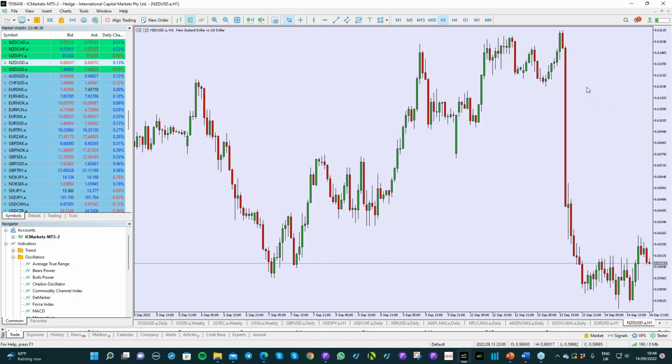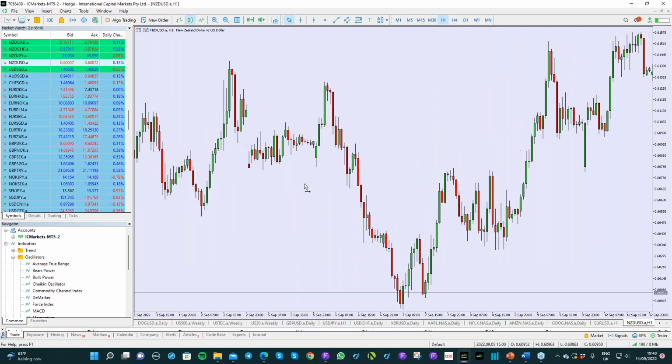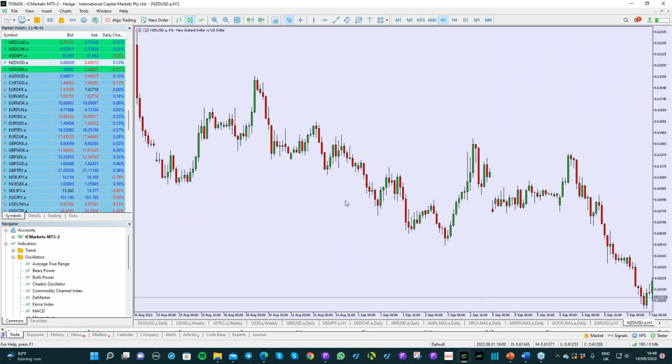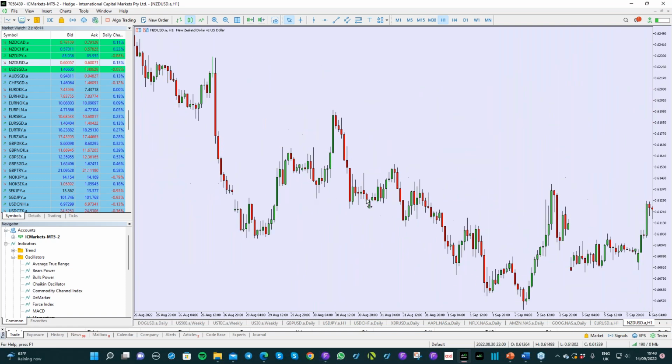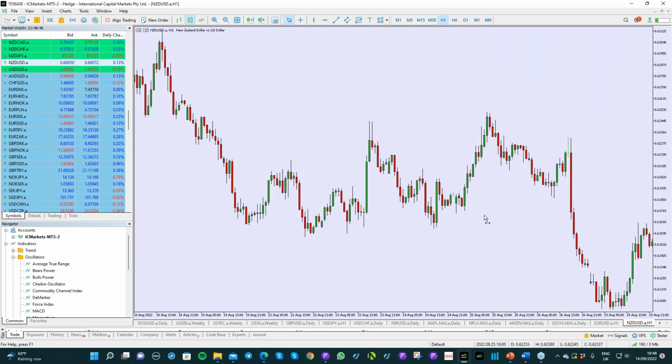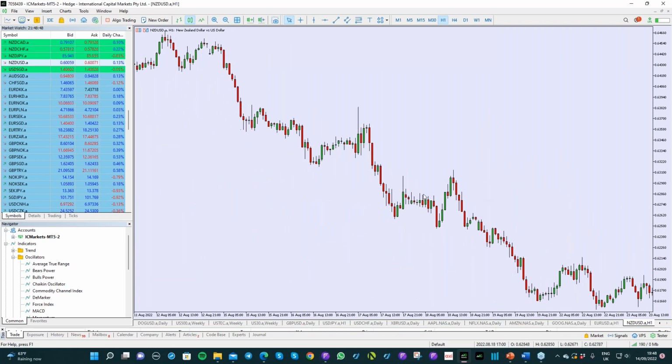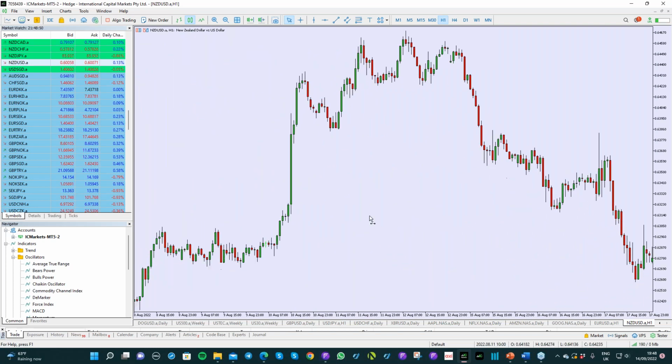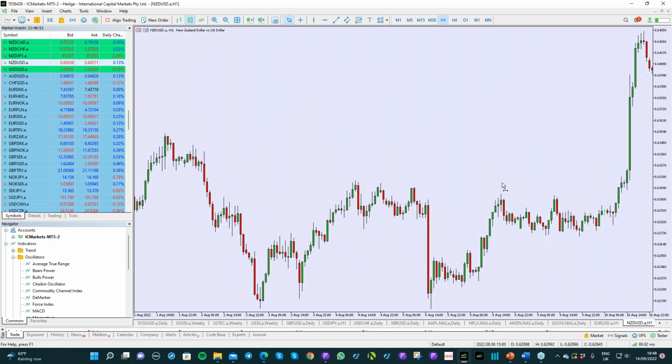Actually it turned out to be a pretty big move yesterday anyway, but at the time that I was looking, there was a very, very large candle, but it was actually quite indecisive. And that can happen at news time. It doesn't really help us with our trading. If we get a very large candle that's indecisive, it's more of a hindrance to trading than anything else.